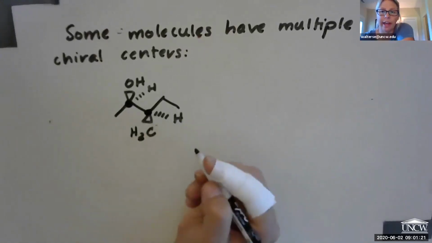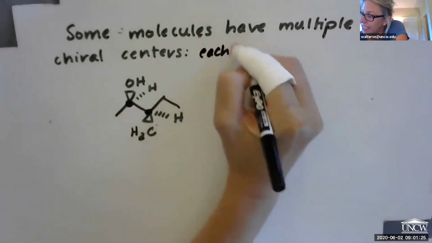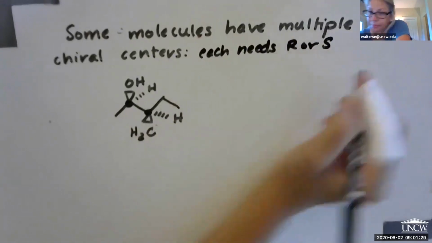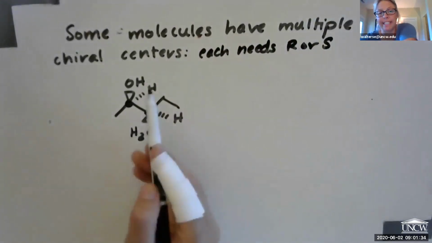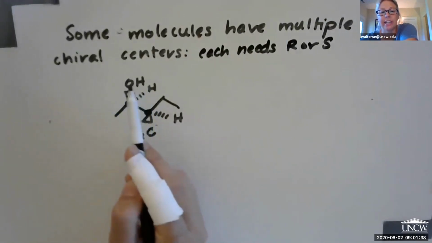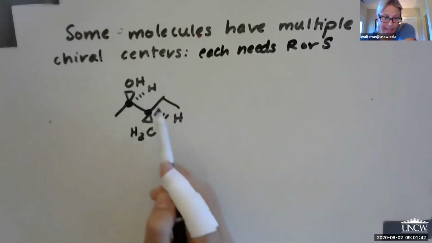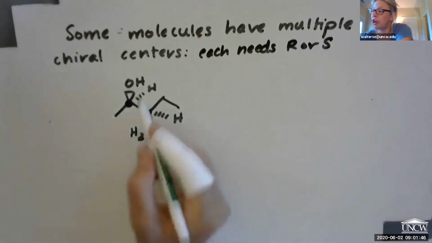So when you have multiple chiral centers, each needs its own R or S. The drawings get sort of messy because you're going to have to deal with one chiral center and drawing the arrow for the steering wheel separately than this one. It doesn't matter which carbon you start with.